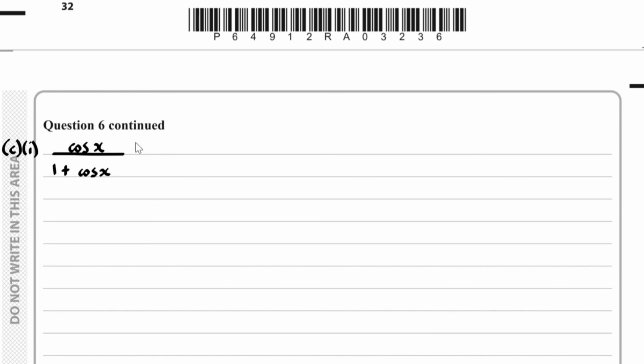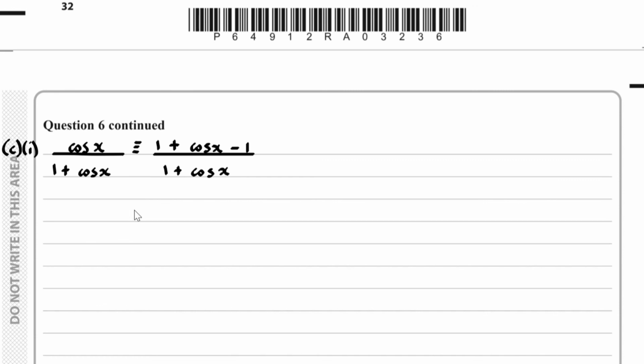So now let's try to get to the right hand side. The cos x we can rewrite as 1 plus cos x minus 1. On the bottom we still have the 1 plus cos x.